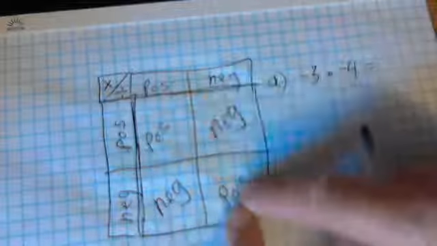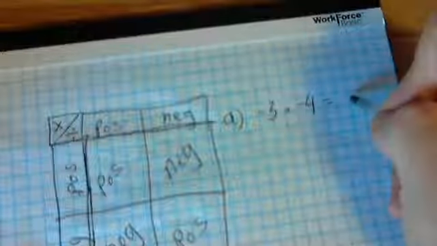Let's do some examples. So let's just do our examples off to the side. Here's example A. If I have negative 3 times negative 4, these two numbers have exactly the same sign. I'm doing a negative times a negative. A negative times a negative will be a positive. So you just multiply the two numbers. 3 times 4 is 12.